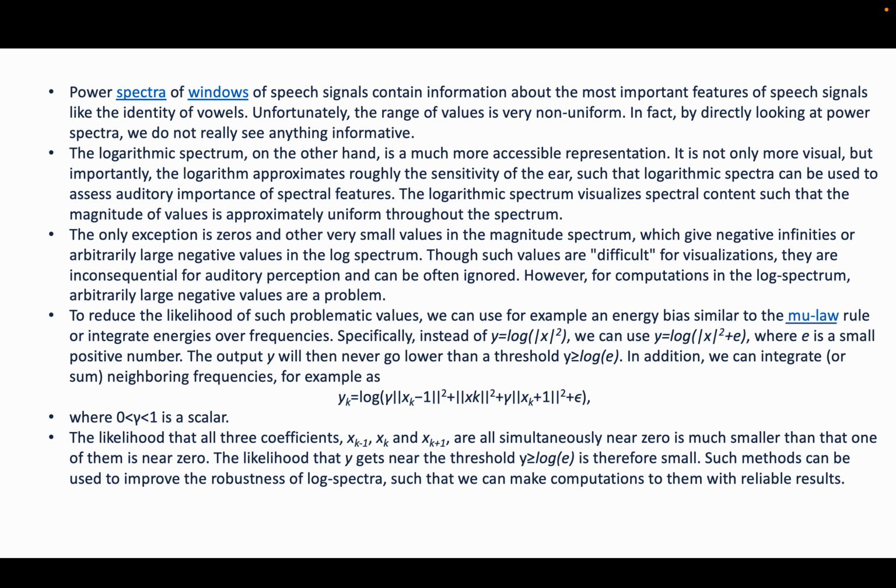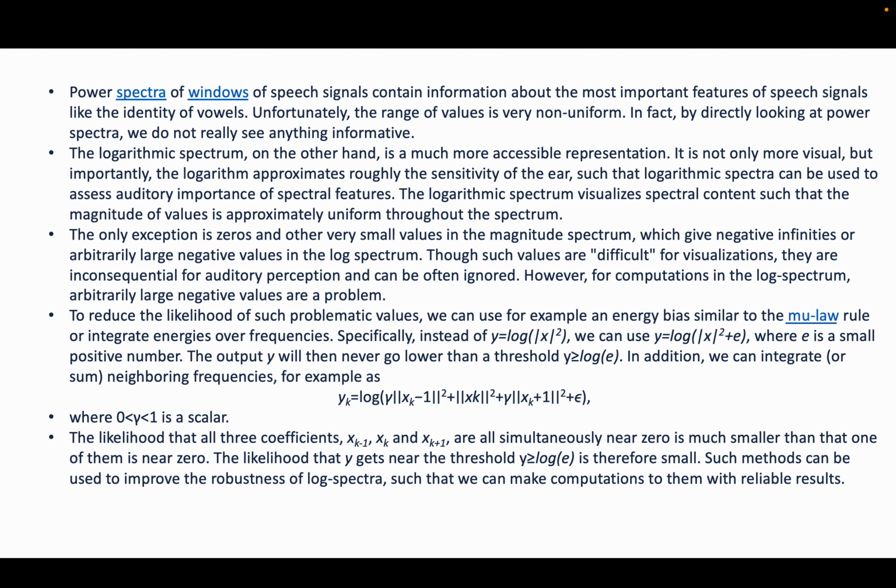So, power spectrum of windows of speech signals contain information about the most important features of speech signals, like the identity of vowels. But unfortunately, the range of values is very non-uniform, and if you look directly at the power spectrum, you really don't see anything that's informative. The logarithmic spectrum is, as you know, a much more acceptable representation.